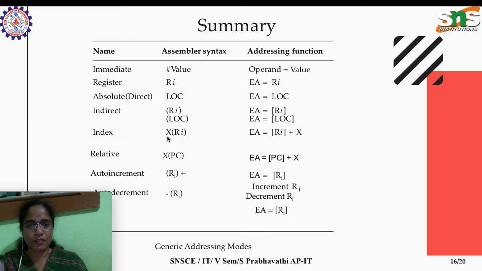Indexing means some constant value plus register value. Relative is similar to indexing, but instead of a register we go for the program counter. Then there is auto increment and decrement. Auto increment means first the address is used and the increment happens afterwards, whereas auto decrement means first decrement, then assign the value.